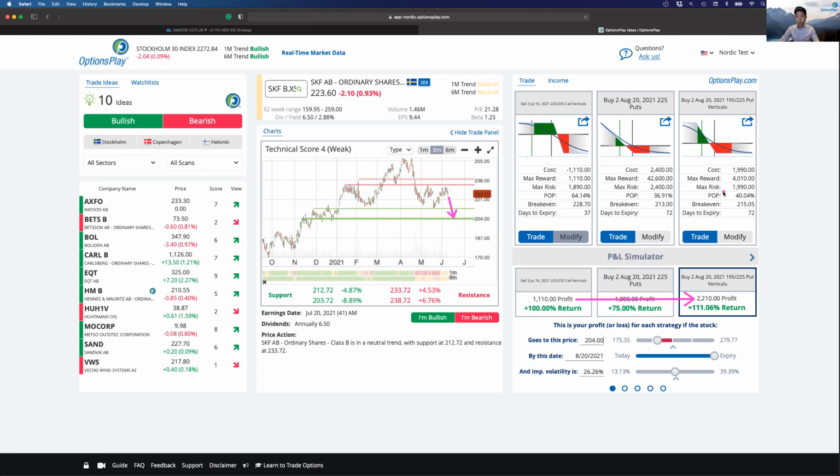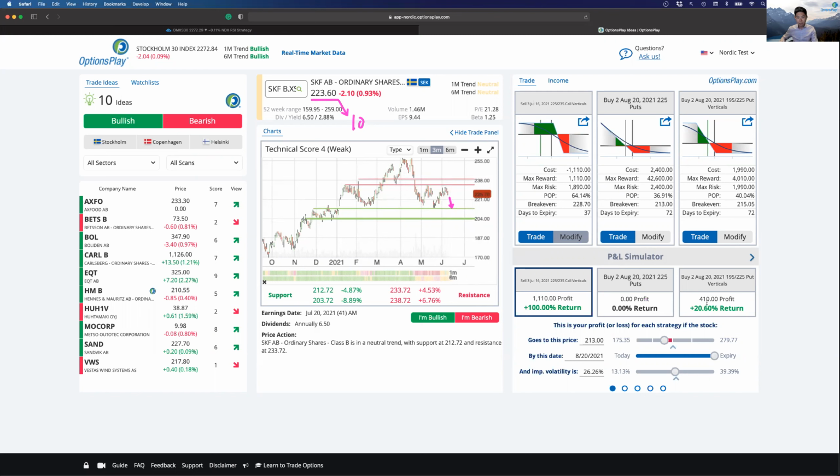And if in the example, you expect the stock not to move very much. So the opposite scenario, maybe you think the stock's just going to move a little bit, maybe down to 213 or so, right? That's where you might see the credit spread is going to outperform. Here, as you can see, if I think the stock is only going to move down 10 crowns to 213, right? Just a little bit.